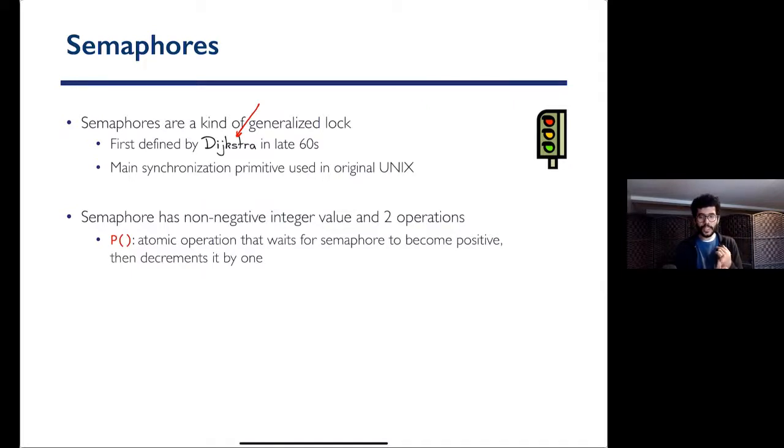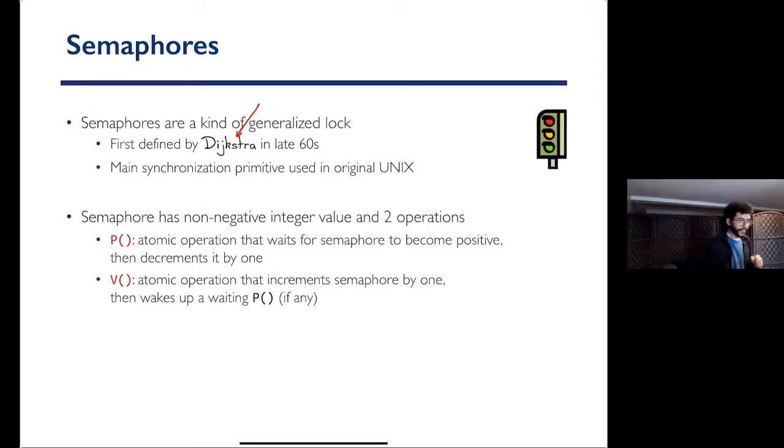If the value is not positive, you're going to wait. If it is positive, then you decrement it. So if it is 1 or 2, you decrement it, and you get out. So that's P. And when I say atomically, I mean all of it happens or none of it happens, right?